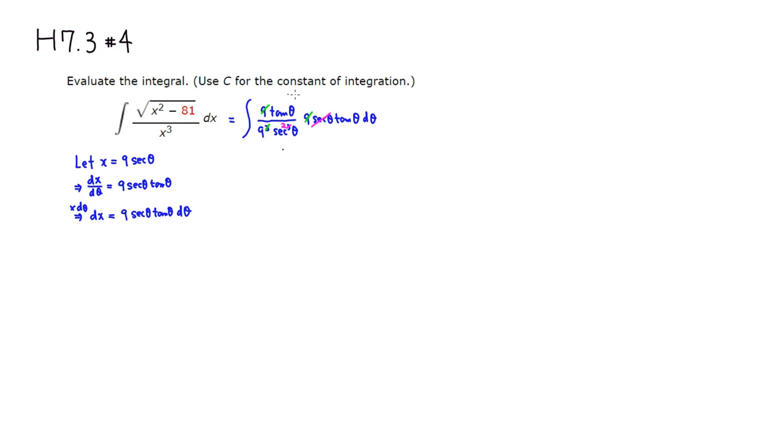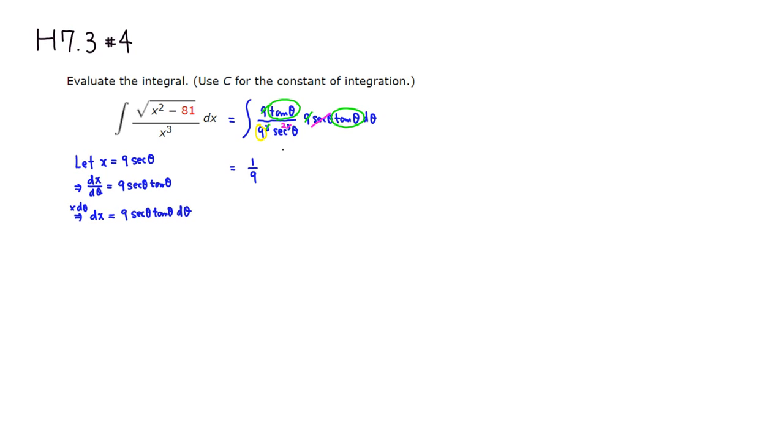Then we can combine the tangent here and the tangent here, which gives us a tangent squared. So I'm going to write it this way. There's a 9 on the bottom, so I'm going to put the 1 over 9 outside, which takes care of this 9.